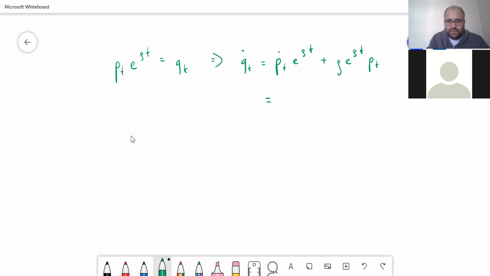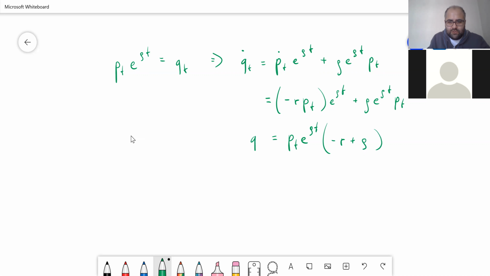So what is p dot t? p dot t is equal to minus r times p(t). Then what do I see here? I see p(t) times e to the rho t times (rho minus r). This is q dot t.